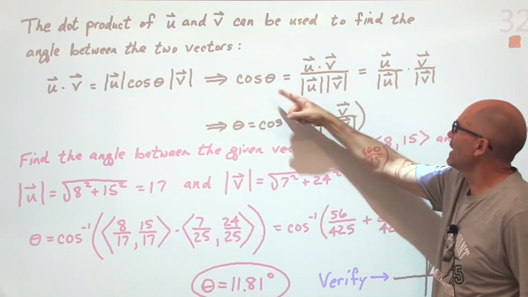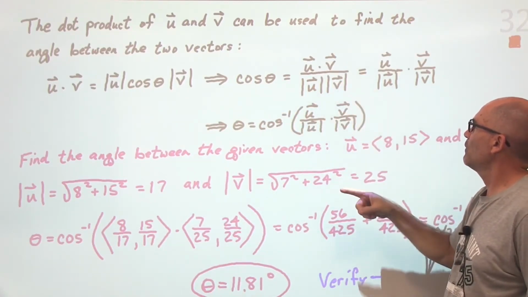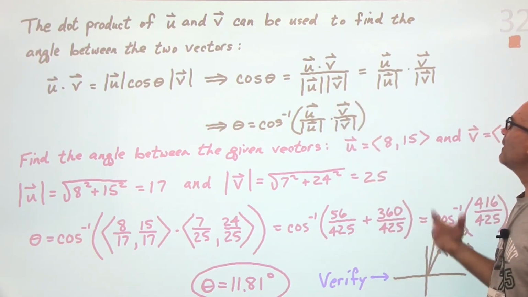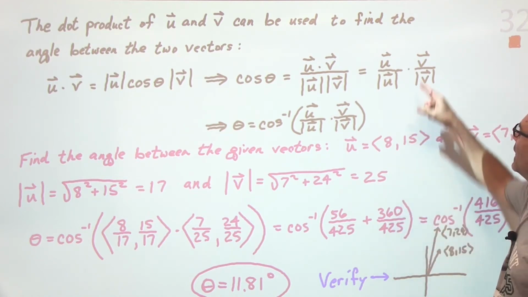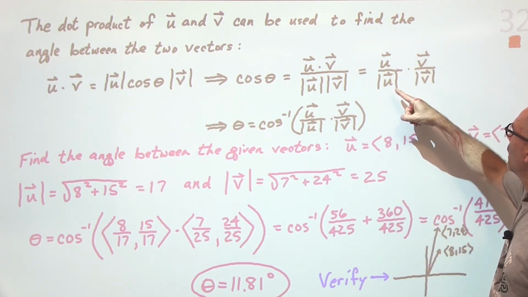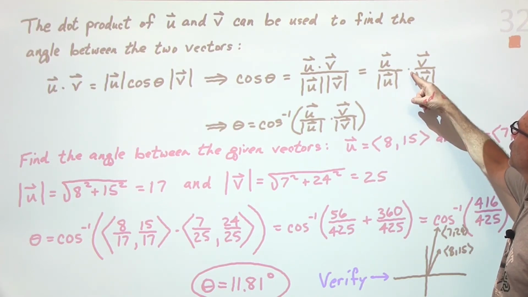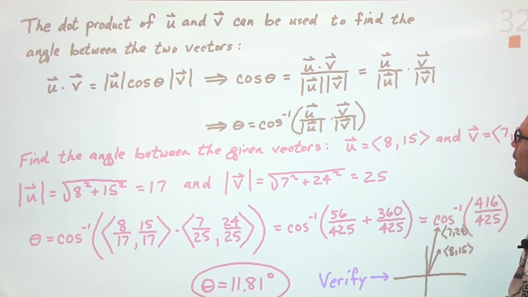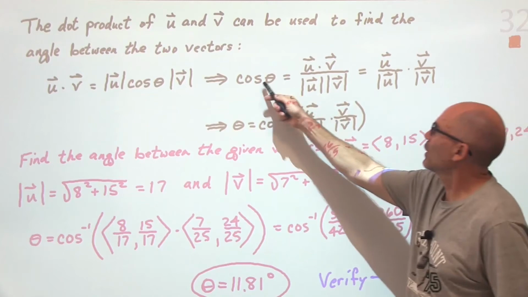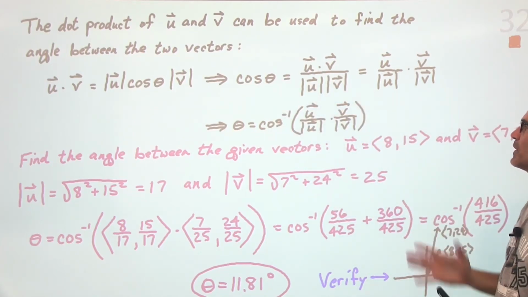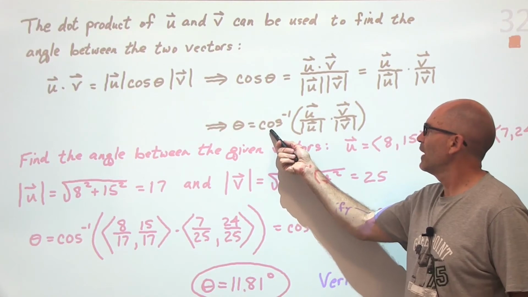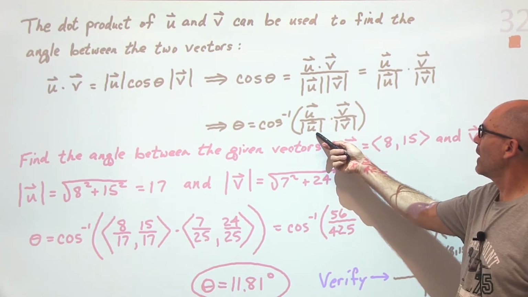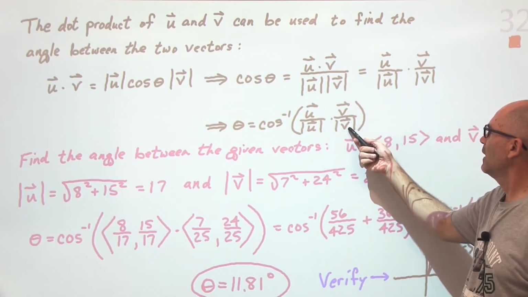So cosine theta equals the dot product of U and V divided by the magnitude of U times the magnitude of V. If I want to split it up, I could say it's vector U divided by magnitude U, dot vector V divided by the magnitude of V. So this is the cosine of the angle. That means the angle itself is the inverse cosine of vector U divided by its magnitude, dot vector V divided by its magnitude.